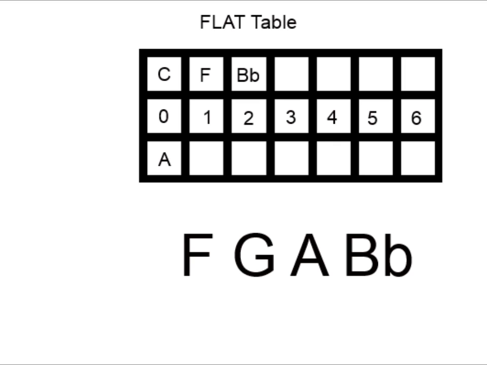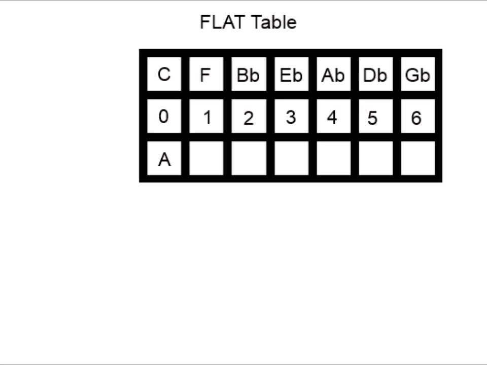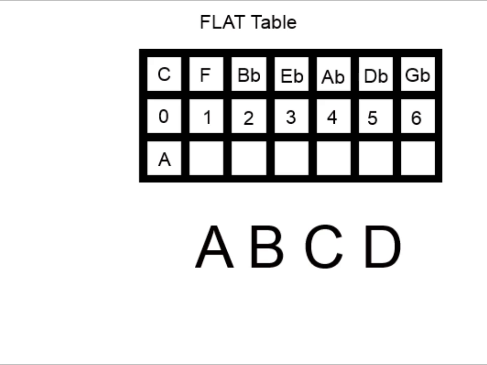If you look back at your sharps table, you'll find that the key of B major is already there. If B major is a sharp key, then it can't be a flat key as well. In fact, all of the letters from here on need to have flats added to them. Now for the minor keys, again we count up 4 from A, B, C, D. Fill in the boxes in the same way until you get to C, which was the first one of the top row.